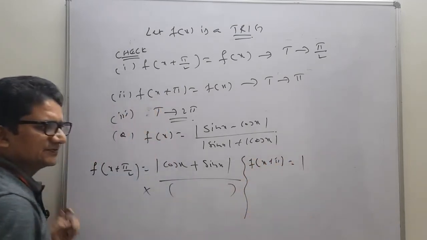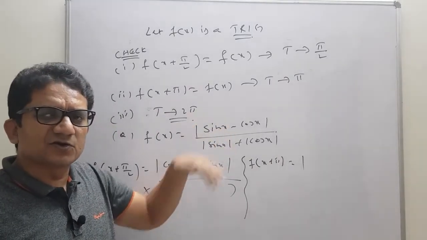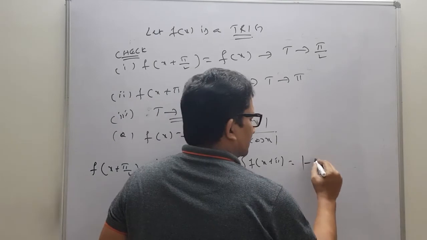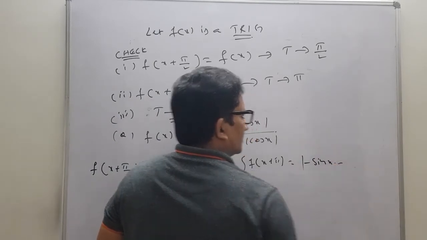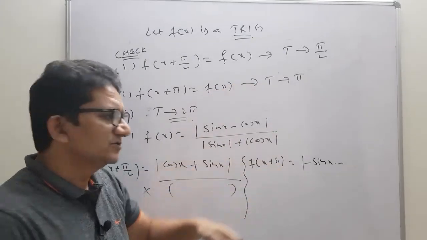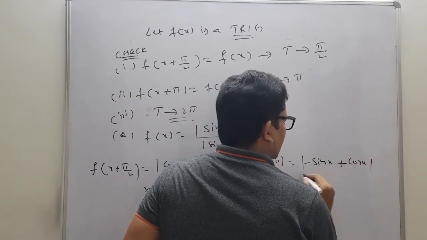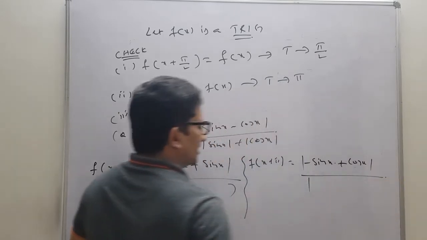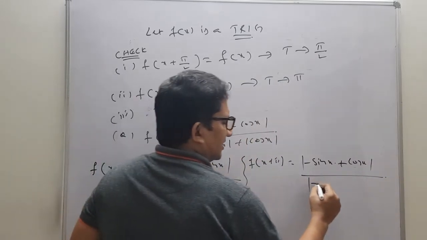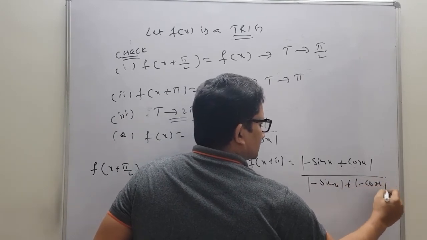f of x plus pi, that is 180 plus x. Sin 180 plus x, third quadrant, negative. So we will get minus sin x. Okay. And next, cos 180 plus x is also negative. So we will get minus of minus, plus cos x. Divided by the denominator, modulus of minus sin x plus modulus of minus cos x.